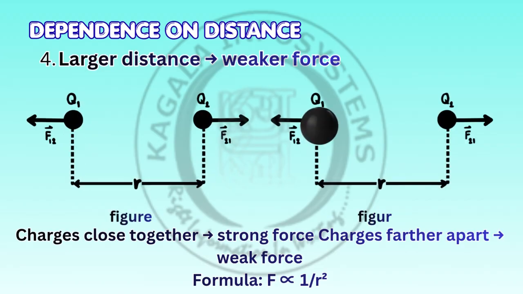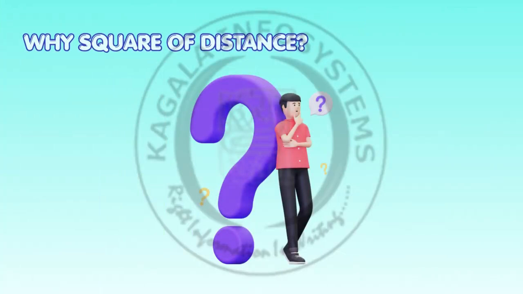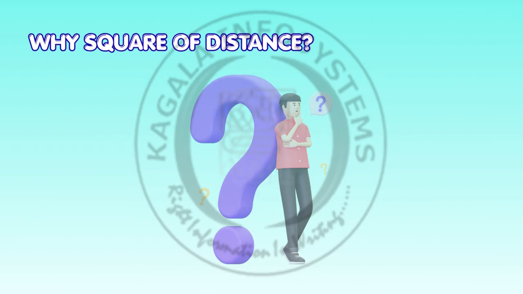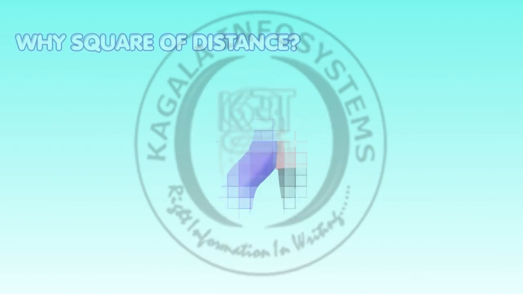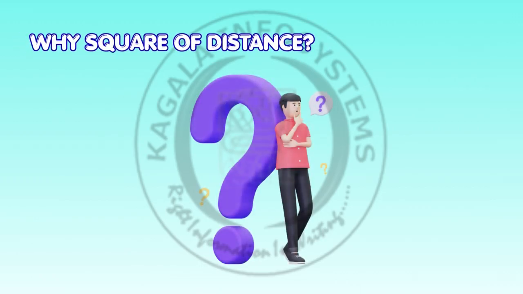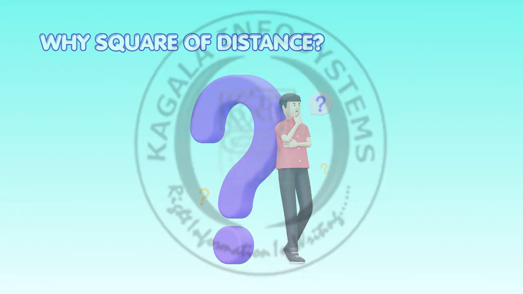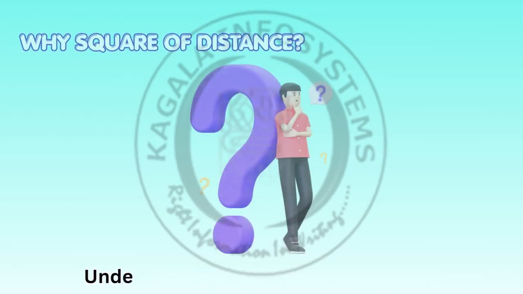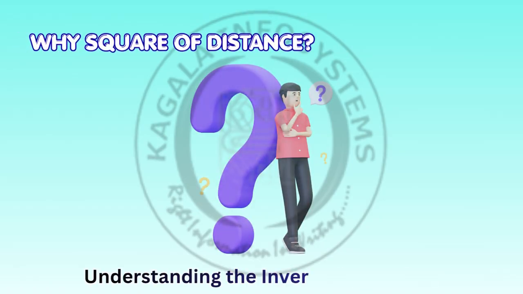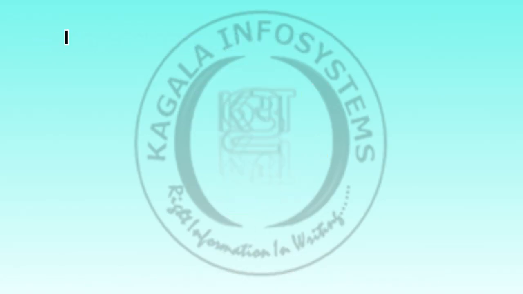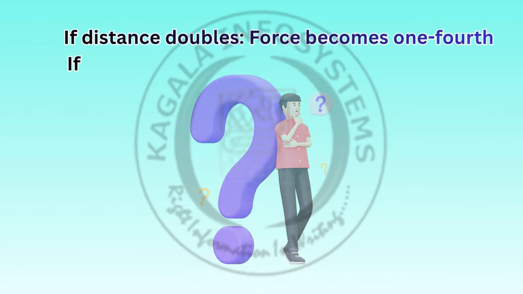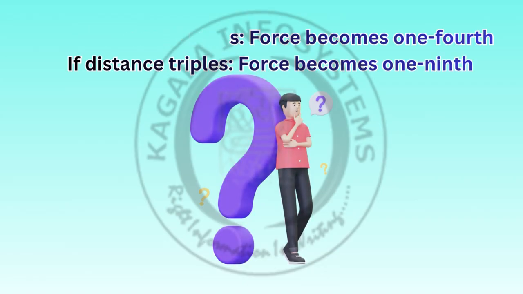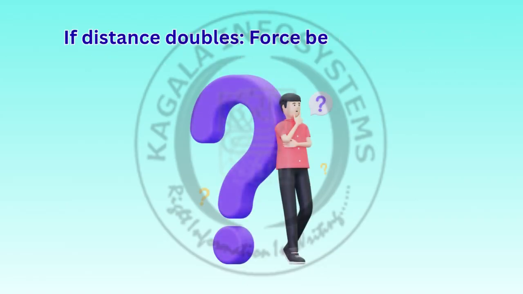This is called the inverse square law. The square dependence is very important. If the distance between the charges doubles, the force becomes 1/4. If the distance triples, the force becomes 1/9. So, electric force decreases very quickly with distance.